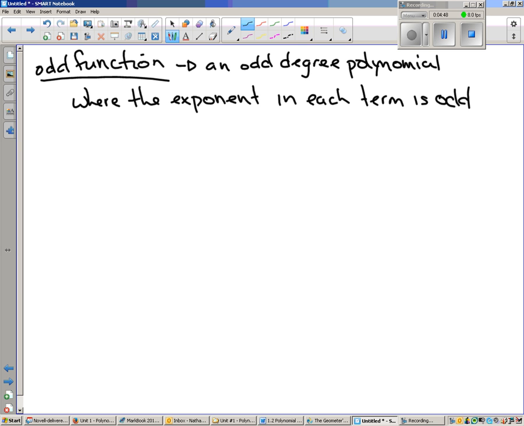So for an even function, each exponent has to be even. For an odd function, each exponent has to be odd.